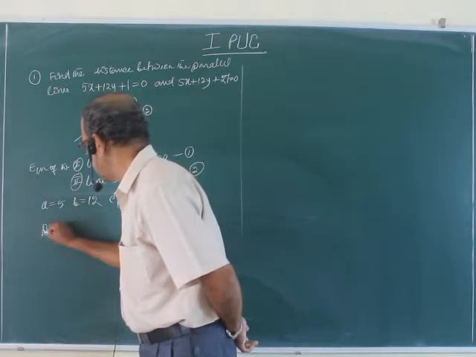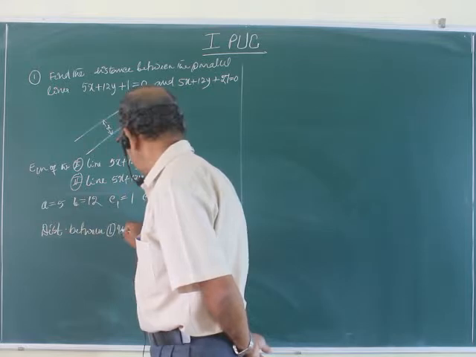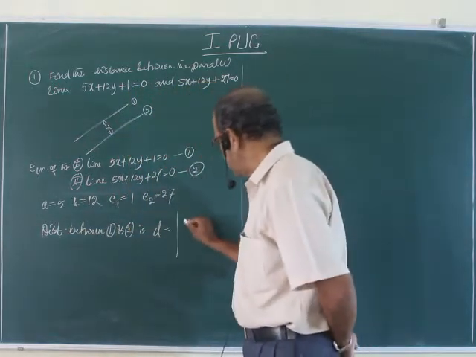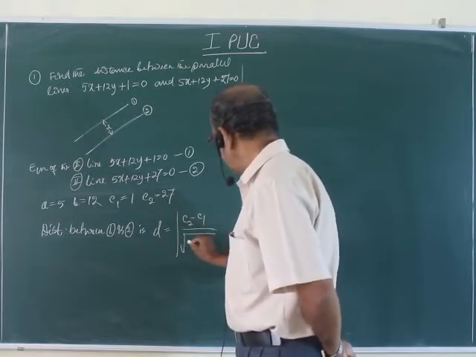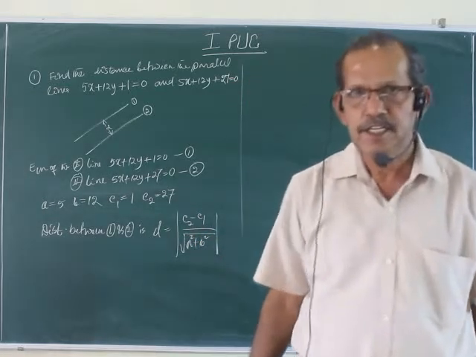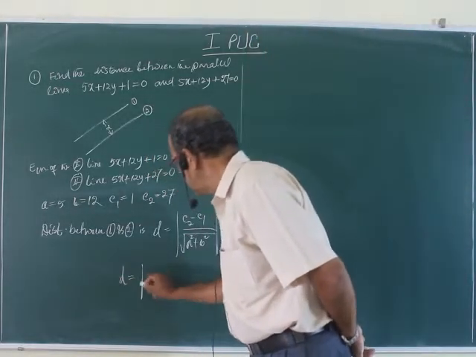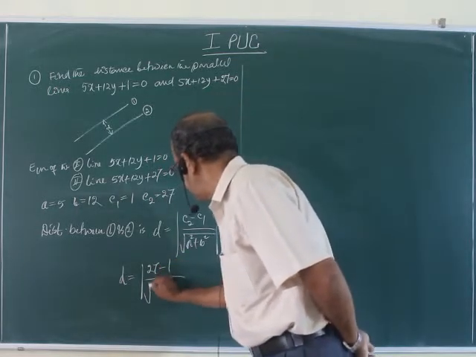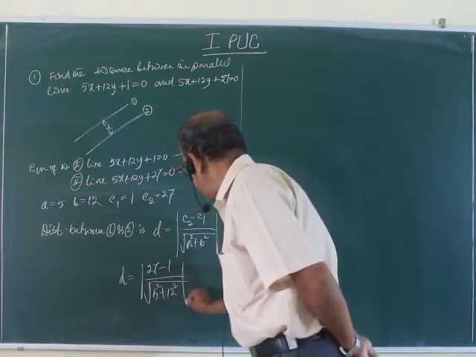Now the formula is distance between 1 and 2 is D equal to C2 minus C1 by root of A square plus B square. Do you remember that formula? Answer is C2 minus C1, 27 minus 1 divided by root of A square plus B square.